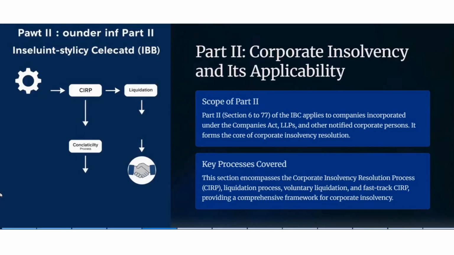It forms the core of corporate insolvency resolution. Key processes covered: this section encompasses the corporate insolvency resolution process, liquidation process, voluntary liquidation, and fast track corporate insolvency resolution process, providing a comprehensive framework for corporate insolvency.